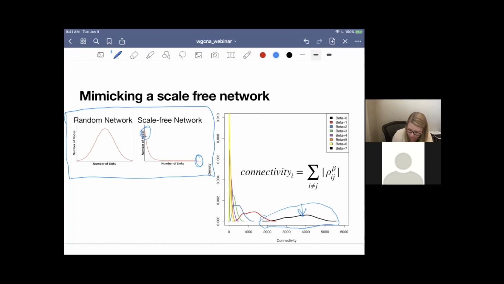What that does, as you can see in this graphic, is slowly shift that distribution to the left. In the end, when we get to 6 or 7, we're looking much more like the scale-free network over here and less like the random network. All we're using is a mathematical transformation.